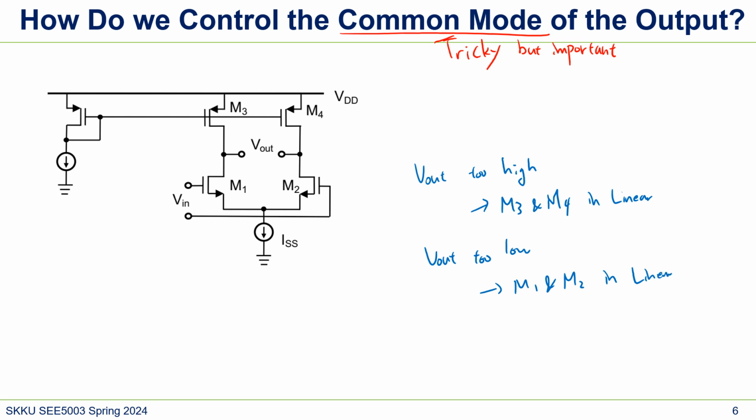So we also learned in the previous slide that there is a certain Vout level. And there's another reason that we want to set the common mode, because this Vout goes to the next circuit.